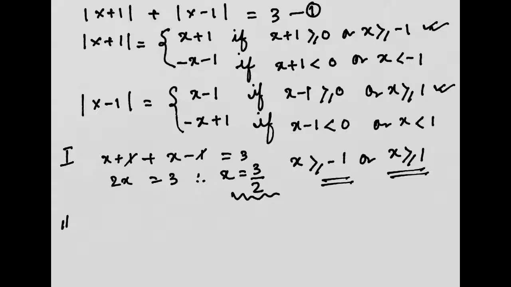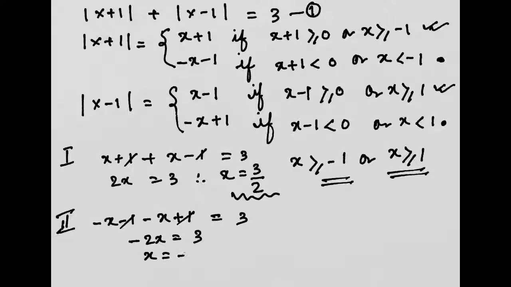Now see case 2. Case 2 is these other two conditions. Considering them, I am writing minus x minus 1 plus, and that is multiplying, so minus x plus 1 equals 3. So what I am getting, again this is nullifying, it is minus 2x equals 3, or x equals minus 3 by 2.